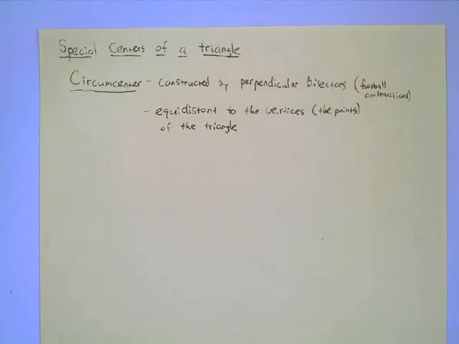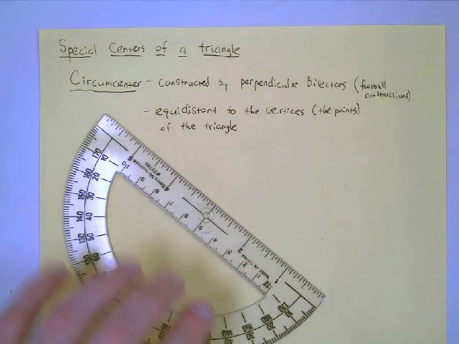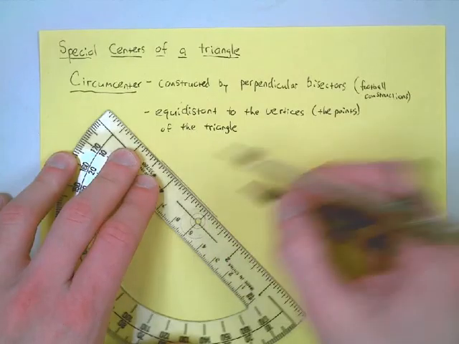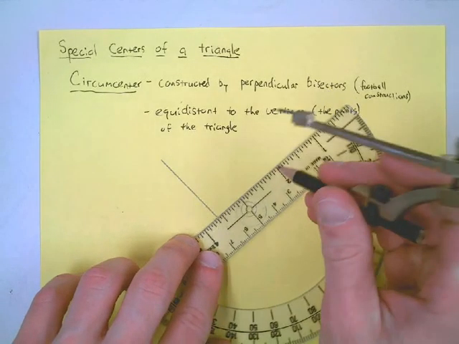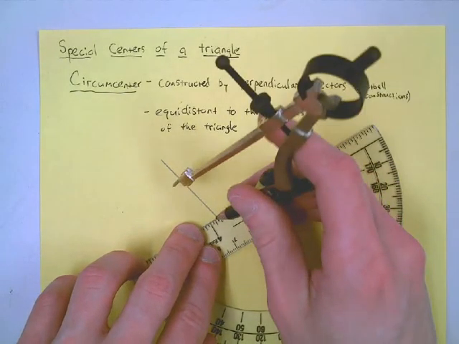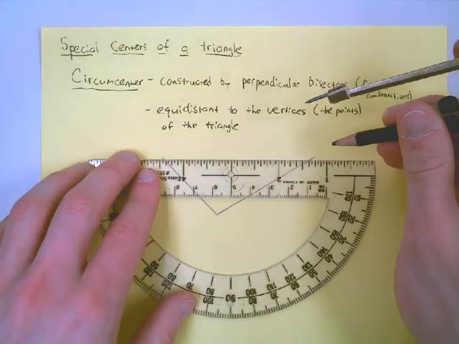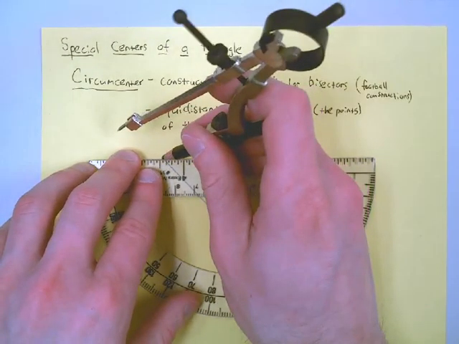All right, so let's actually make one. Let's draw one here, right? So first thing we need is a triangle. So let's go ahead and draw a triangle here. Your triangle does not have to look like my triangle.